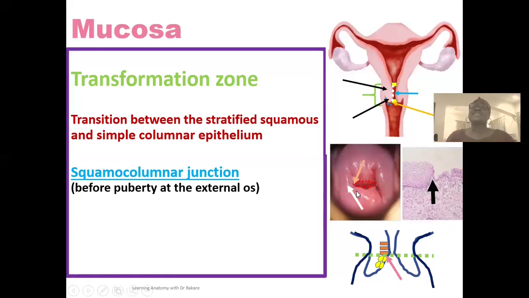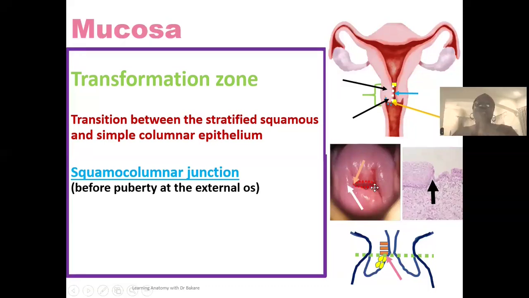So you see that the squamocolumnar junction before puberty and after the birth process are different. This is as a result of the fact that the cervix is subjected to elongation during vaginal birth. But ordinarily, before puberty, the squamocolumnar junction is seen to tally at the level where we have the external os of the cervix.